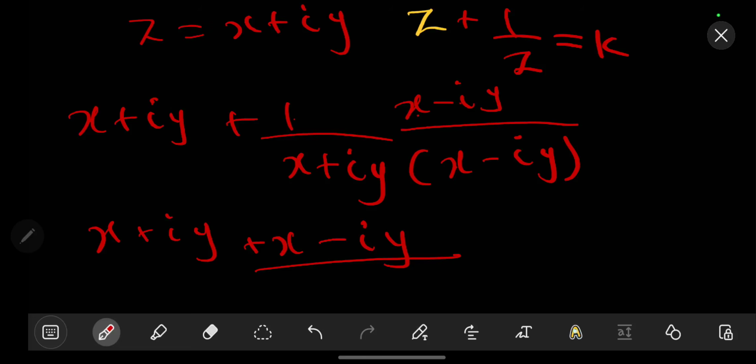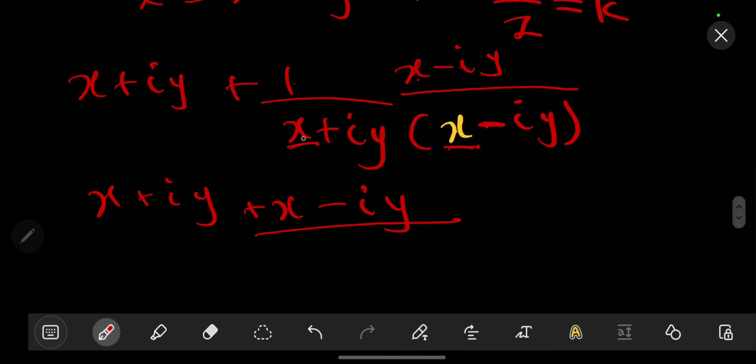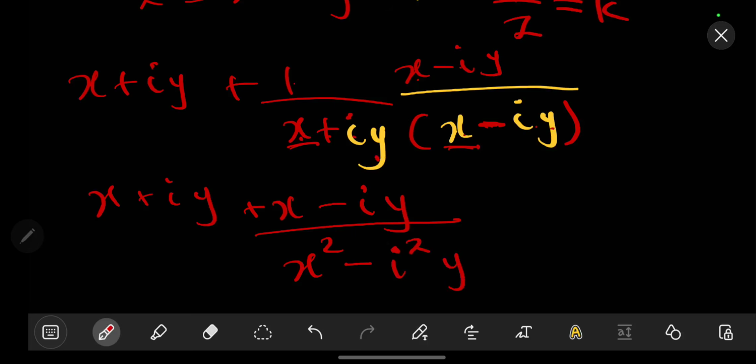Remember from the previous video how we multiply complex numbers: as long as it's a conjugate, meaning as long as you have a positive here and a negative there, just multiply first with first and last with last. So it will be x by x, x squared, then last by last: negative times positive gives negative, i times i is i squared, y times y is y squared.